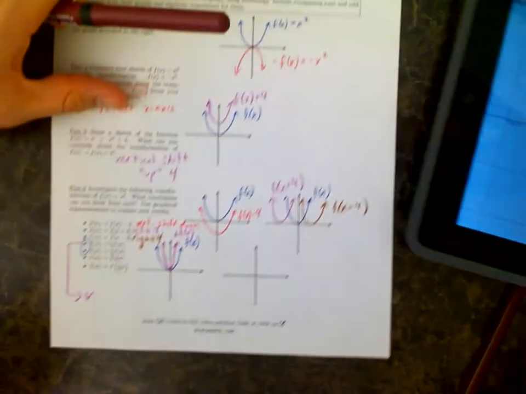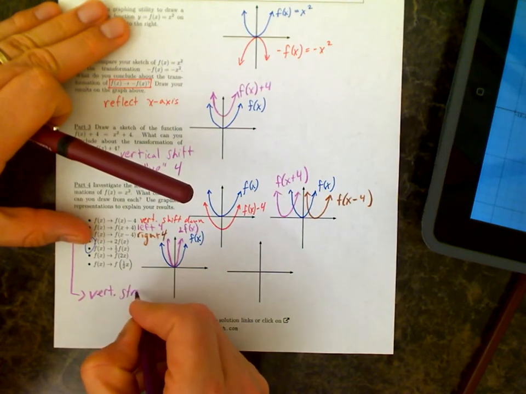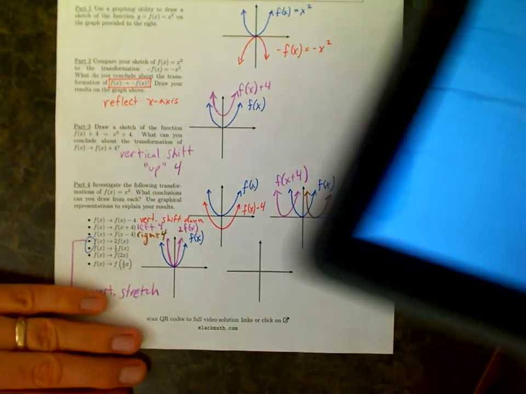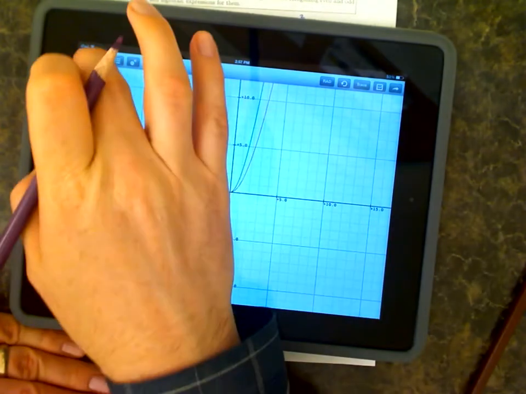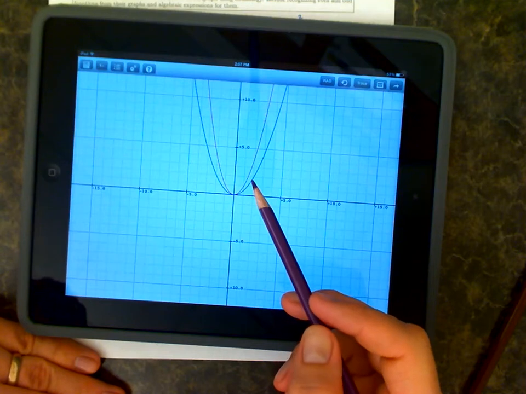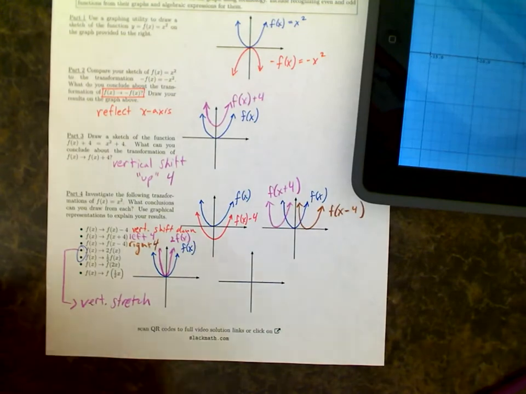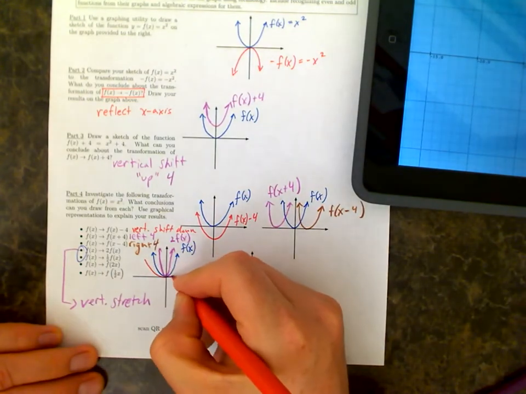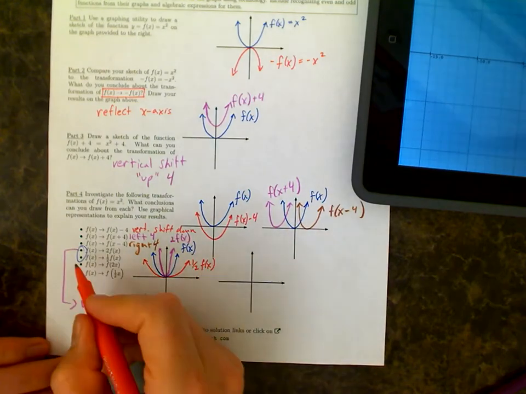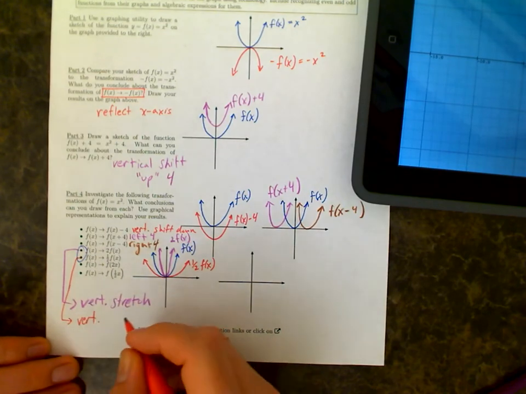Vertical stretch. 1/2 f of x becomes a vertical compression. So it gets smushed down back towards the x-axis. So 1/2 f of x, that's a vertical compression.